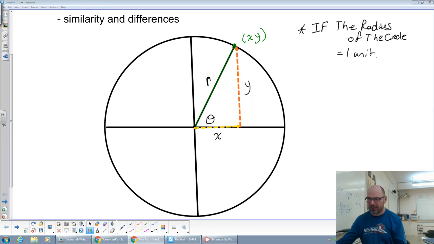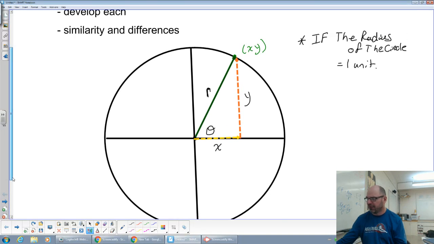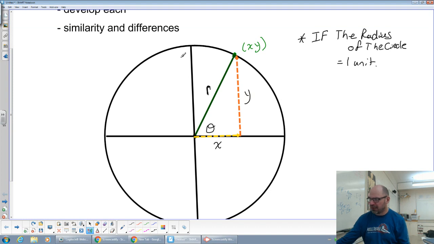Okay, so now if we're going to relate that to this angle theta, we're not going to use the omega t idea. We're going to just use theta. So you can see as you rotate this green line around, these lengths of x and y are going to change. And what we know is that sine is the relationship between y and r.